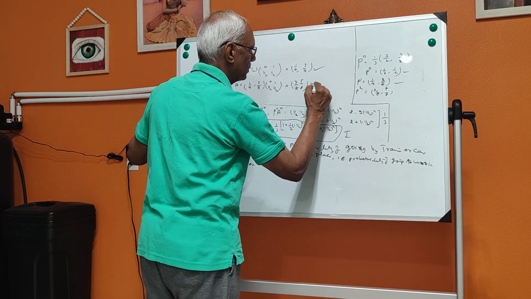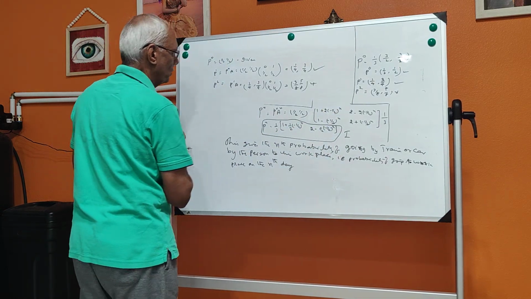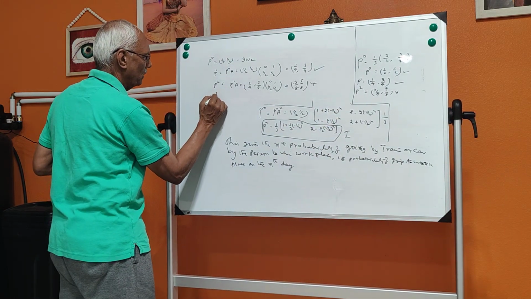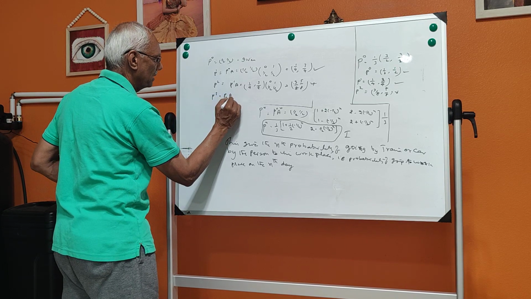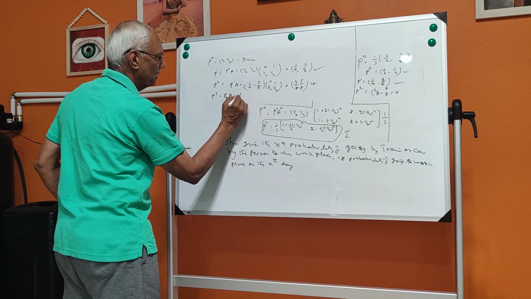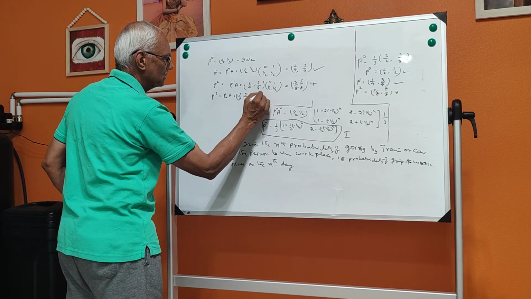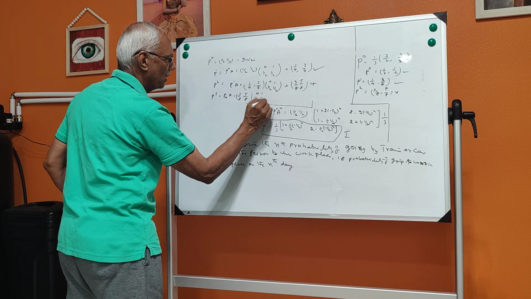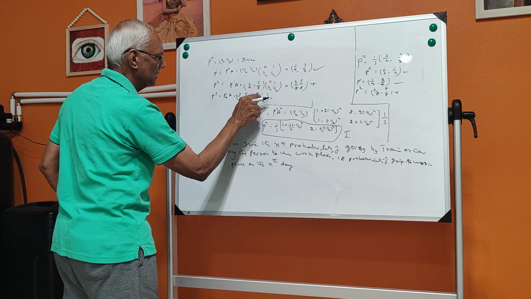So these two match. And the last one, I will just do only the third one. So what is your P3 now? P3 is P2 into A. What is your P2 into A? It is 5 by 8 into 0, 1, half. So 3 by 8 into 0 is 0.